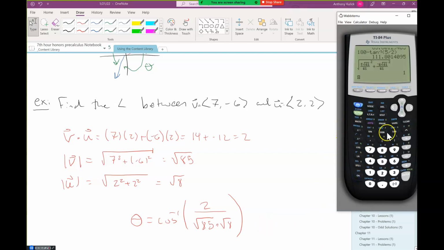And it's just calculator time at this point. And I get about 85.6 degrees.